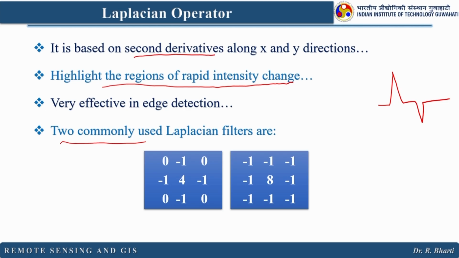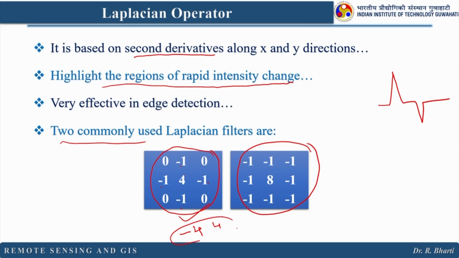The first one is this, where this is the arrangement of the values, right? The second one is this, where you have an arrangement of values which is fixed, right? So if you see minus 1, minus 1, minus 1, minus 1, it will become minus 4, and in the center it is 4.